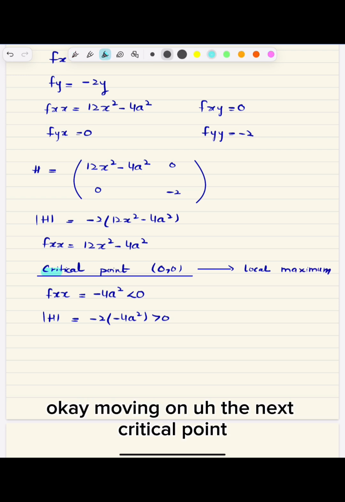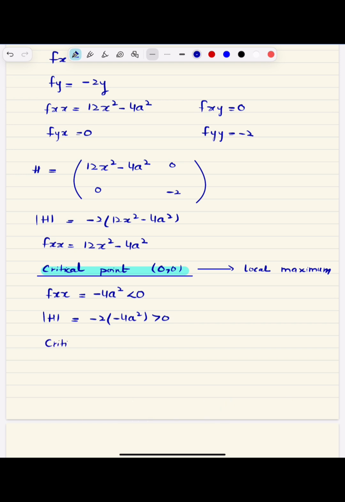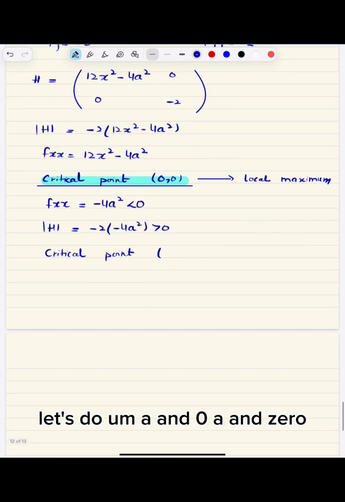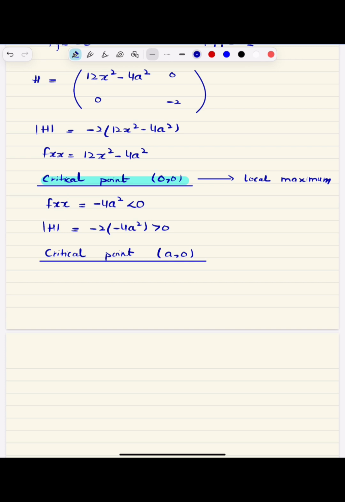Okay, moving on. The next critical point is (a,0).